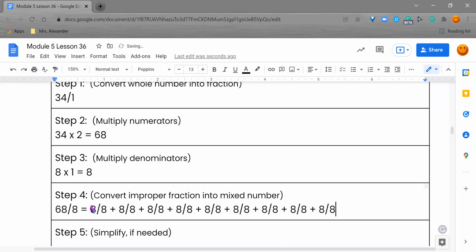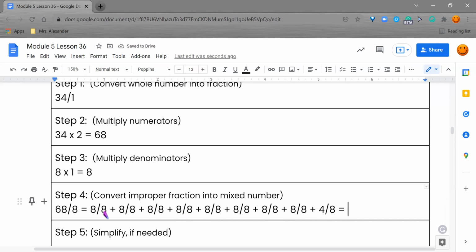If I add 8 more, I get 72, so I know that one is too much. So I made it to 64. I'm going to capture the 64 and count up to 68: 64, 65, 66, 67, 68. And that gave me 4.